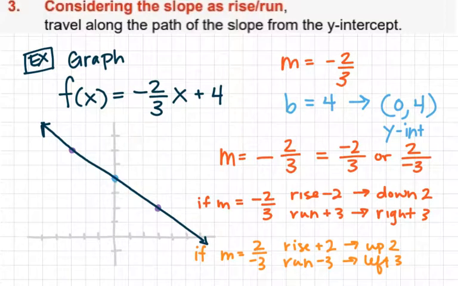I have been teaching for quite a while, and one common mistake I see students make is starting at the origin to count the slope. So they go down 2, right 3, plot this point, and draw the line through the y-intercept and that point. You can see these are clearly 2 different lines. Whenever you're counting the slope, make sure you start from the one point you know is on the line, the y-intercept.